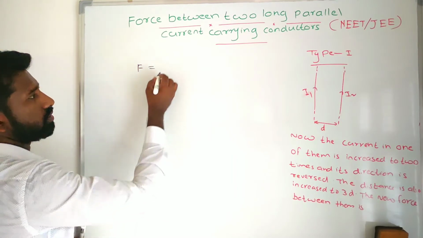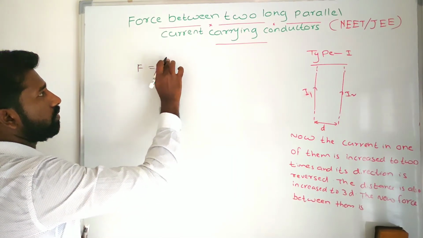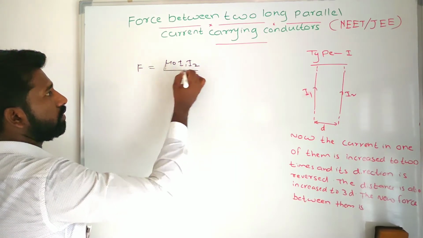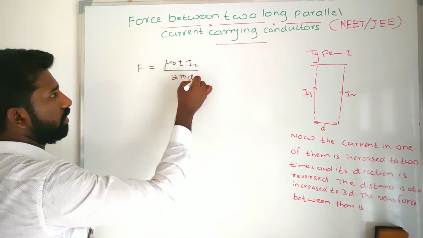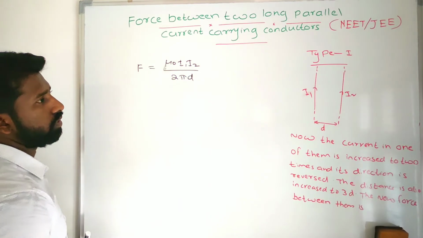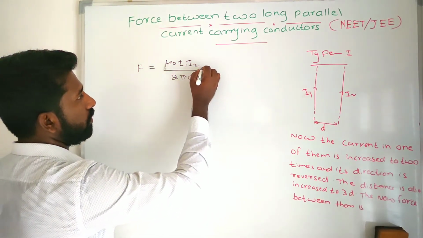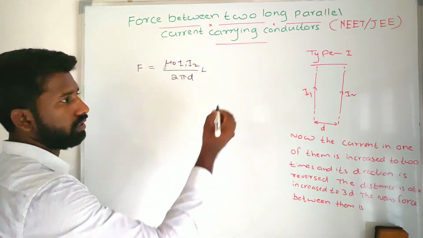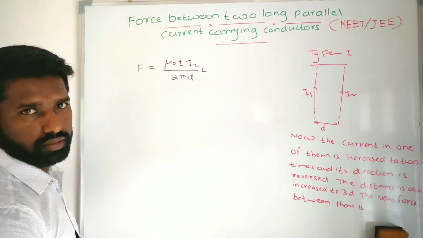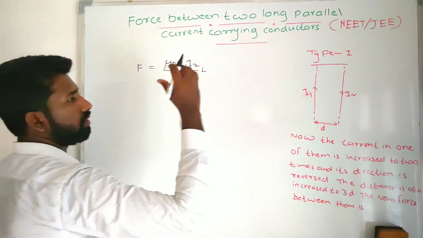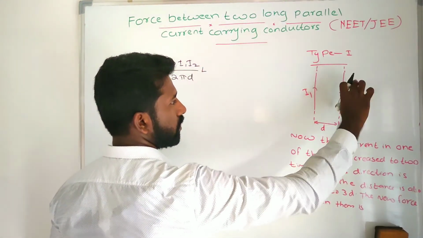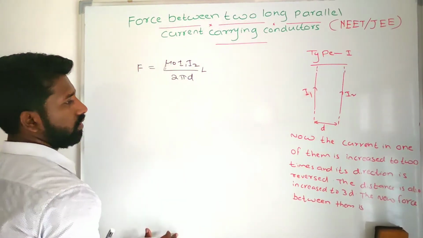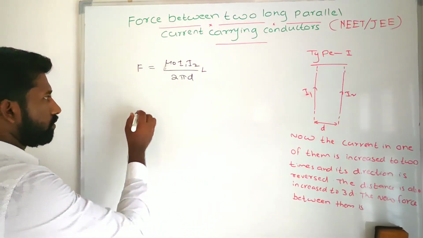So the force is mu 0 I1 I2 divided by 2 pi d into L. Okay, that is the L length portion of the conductor. Okay, if we consider the second conductor, the force acting on the second conductor is for the L length portion of the second conductor. Okay, clear. Now what did they tell?